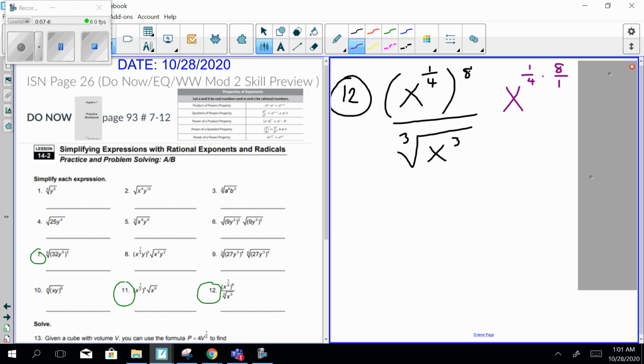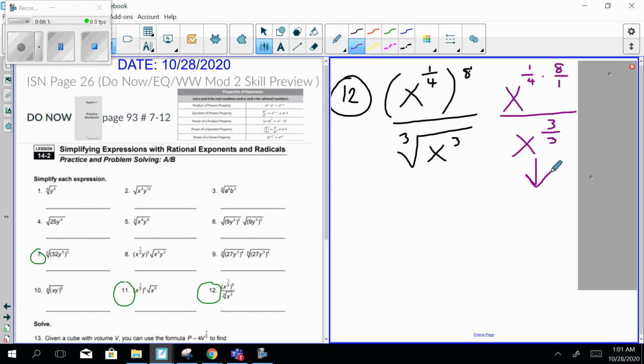And that's going to be divided by, notice that this is not an even exponent under the radical, so I'm going to simply put this back in rational exponent form, which would be x to the exponent over the index. Okay, and so we're going to work this way.